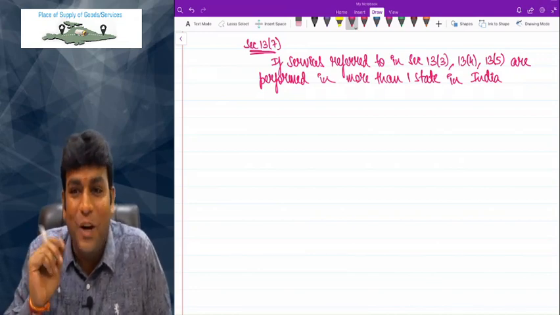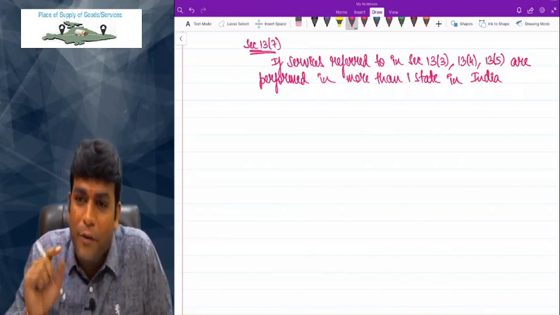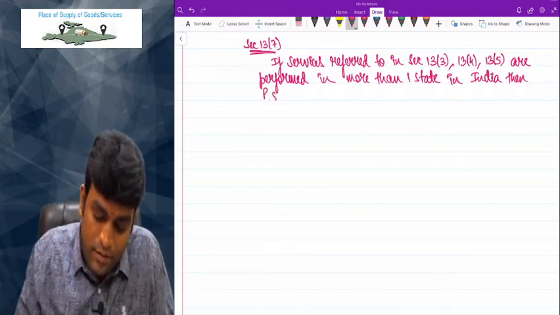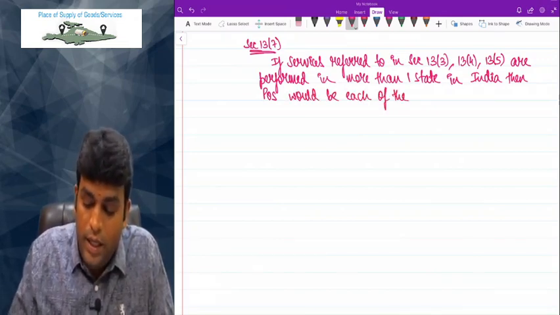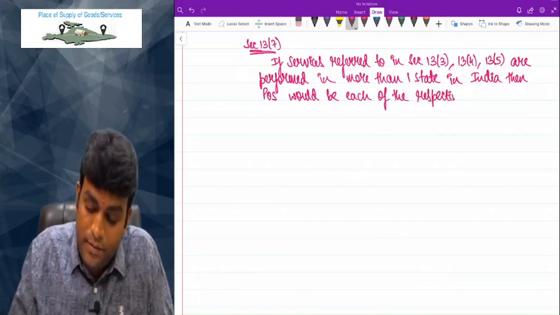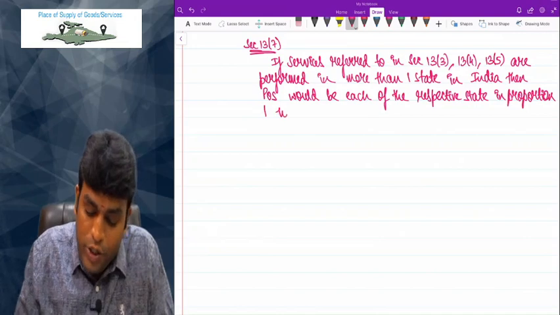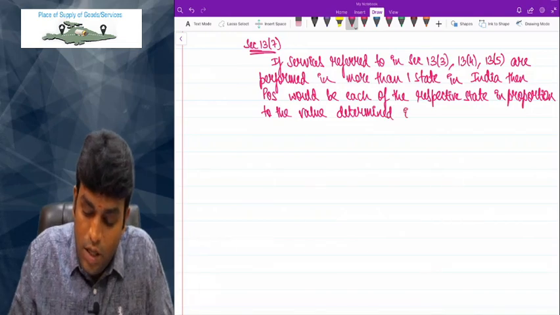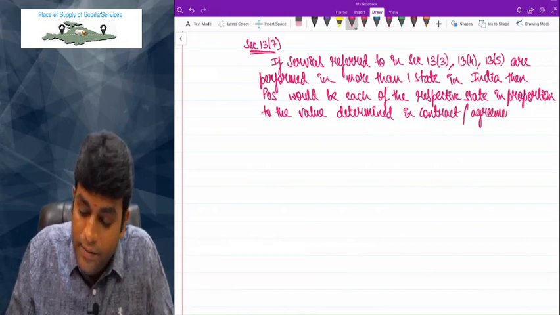That is important. See now, if services referred to in 13.3, 4, 5 are performed in more than one state in India, then POS would be each of the respective state in proportion to the value determined in the contract or agreement.